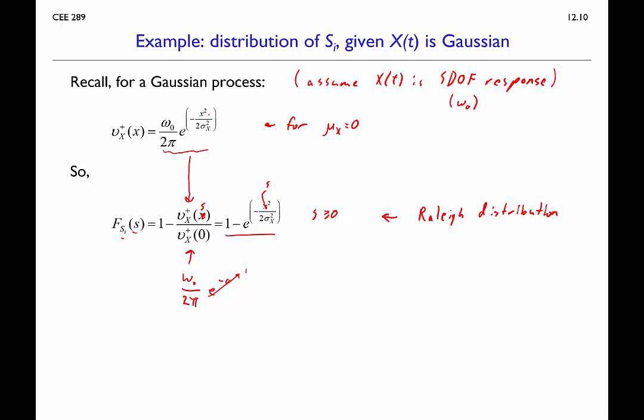Okay, so what we can say out of all this is that therefore the maxima of the Gaussian process with 0 mean, these maxima have a Rayleigh distribution.